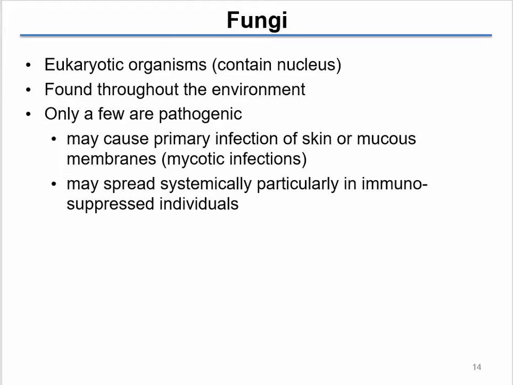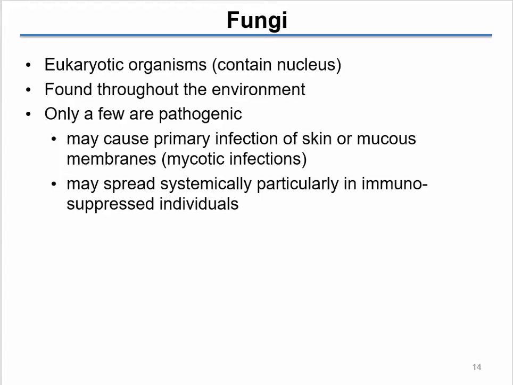We have fungi everywhere in the environment, and most of them don't do anything. A few of them will cause disease. They're pathogenic, but even then, they tend to either be local or somehow not very virulent.